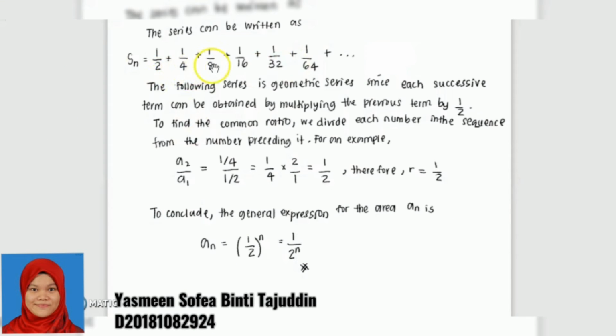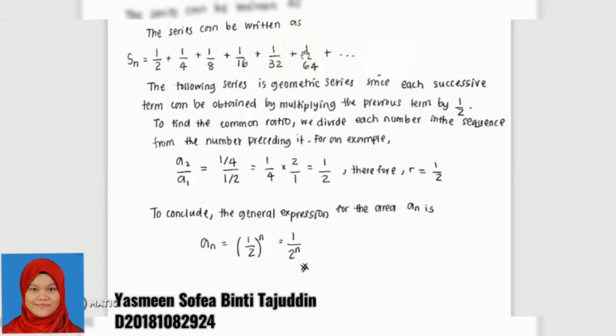If we see the pattern here, we can see that the next term after A1, after A2 and so on, 1/4 is the product of 1/2 multiplied by 1/2, and 1/4 multiplied by 1/2, we get 1/8, and 1/8 multiplied by 1/2, we got 1/16, and 1/16 multiplied by 1/2, we got 1/32, and also when we multiply 1/2 with 1/32, we get 1/64.